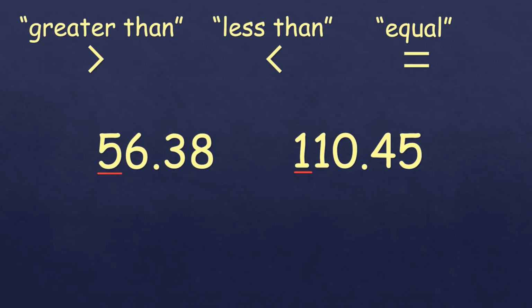Then the 1 in 110 is in the hundreds place, so that means 110 is bigger than 56, and that's very obvious. So we will use the less than symbol. You just have to keep in mind that the mouth of that symbol must be opening to the bigger number.